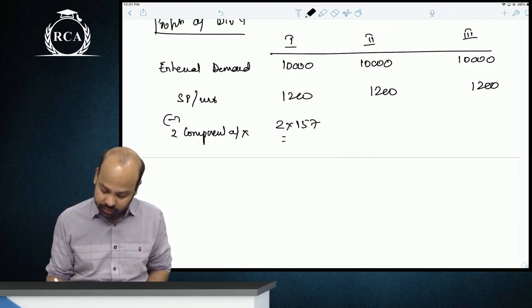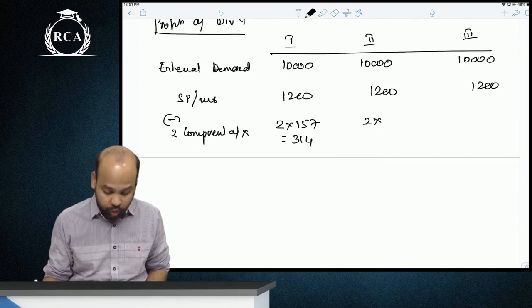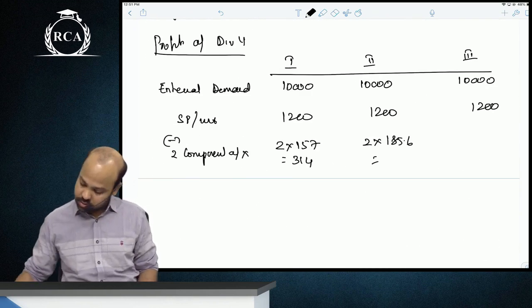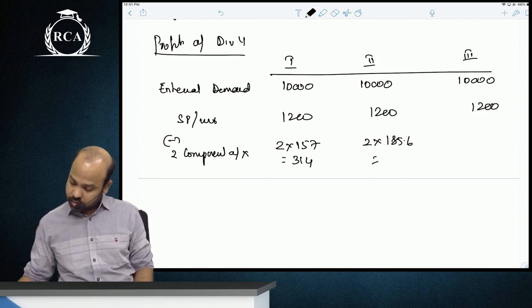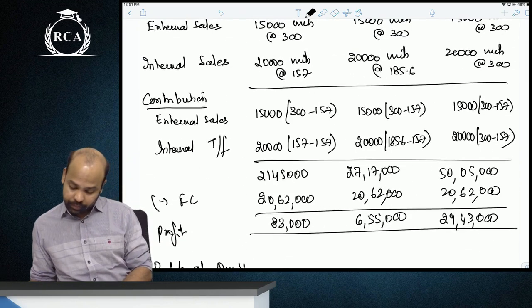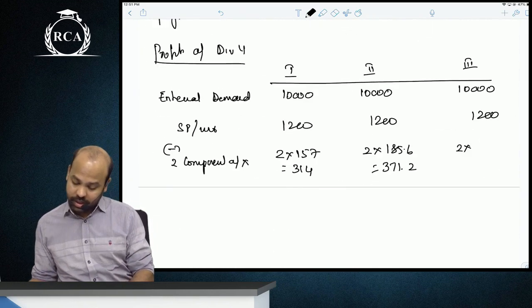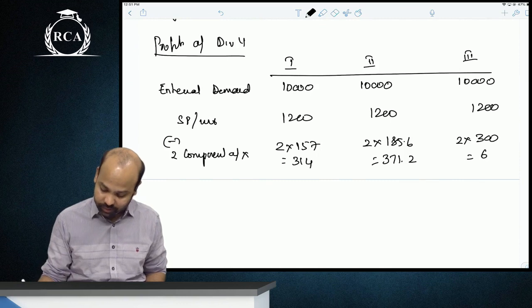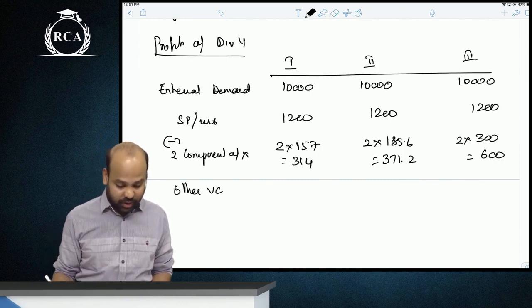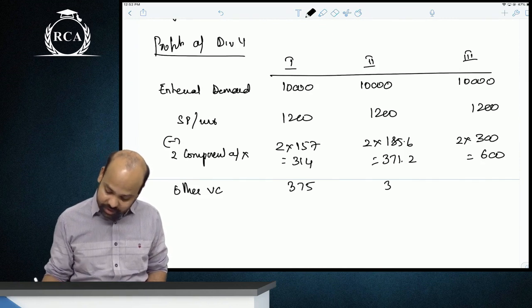2 into 157 is 314. 2 into 185.6 is 371.2. 2 into 300, guys, is 600 rupees. Other variable cost per unit is 375.